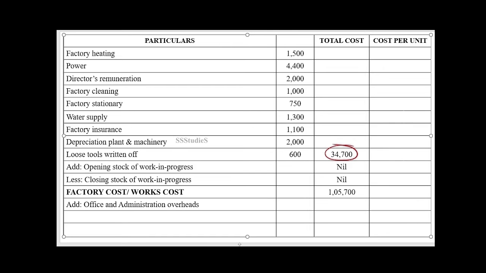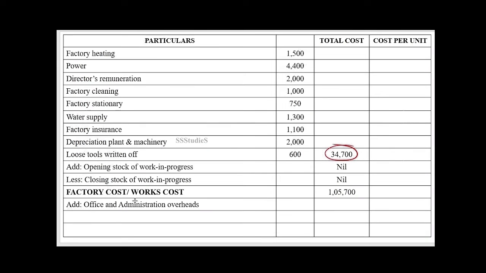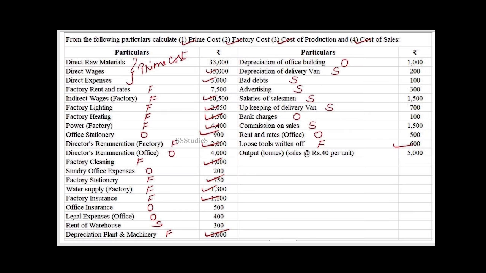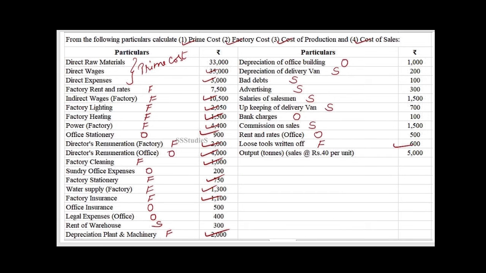Now let us add all office and administration overheads quickly. So we start with office stationery 900, director's remuneration office 4,000, office insurance 500, and legal expenses 400.